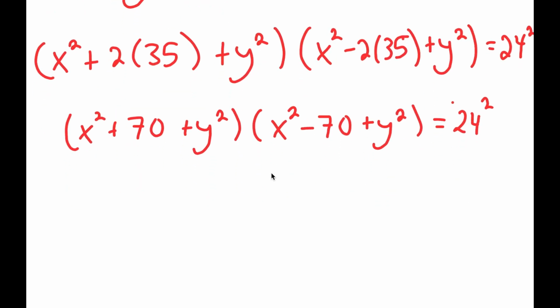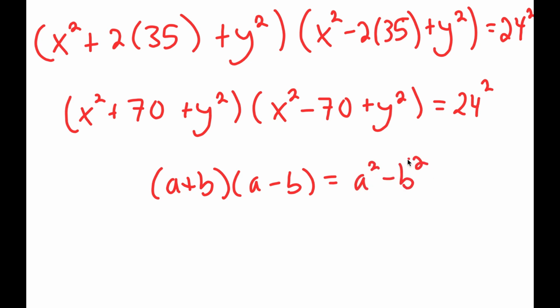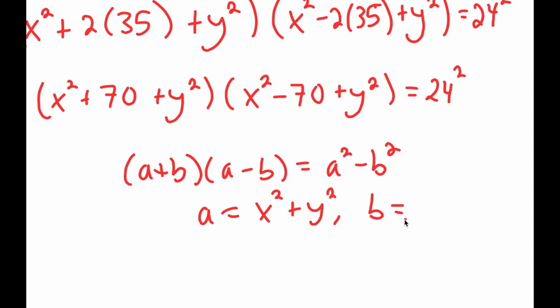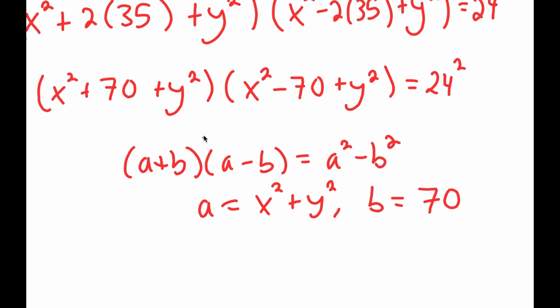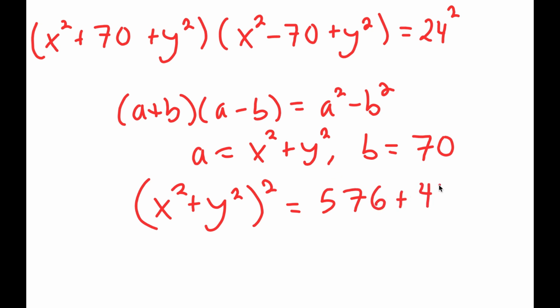So now from here, remember how if I have something in the form a plus b times a minus b, this is equal to a squared minus b squared. Well, in this case, I can say that a is x squared plus y squared and b is 70. So this turns into x squared plus y squared, squared, is equal to 576 plus 4,900.